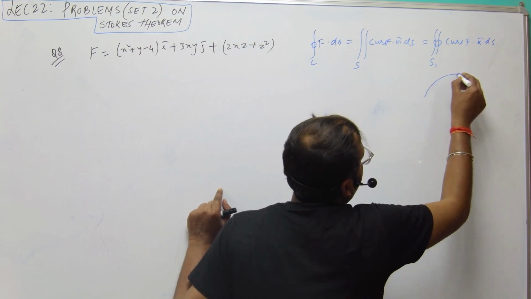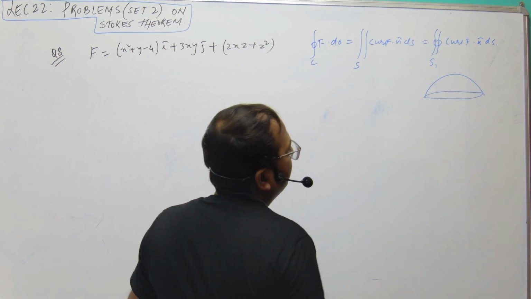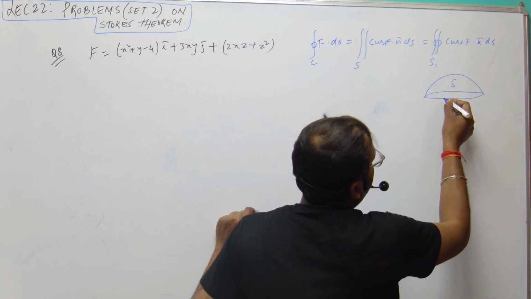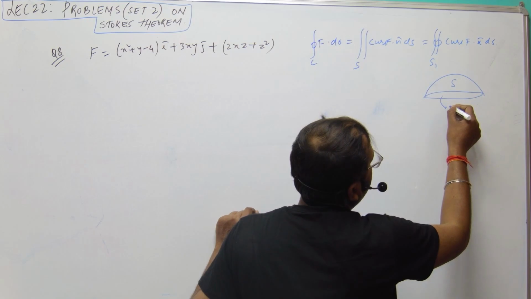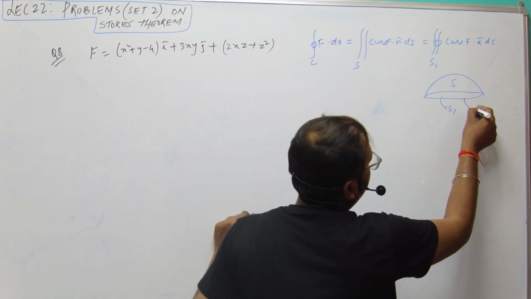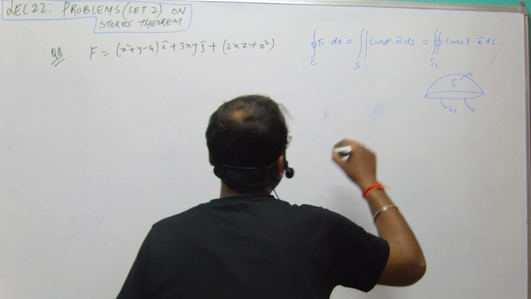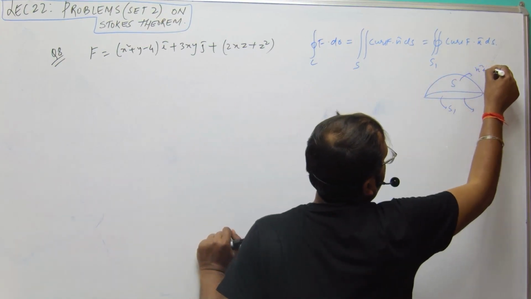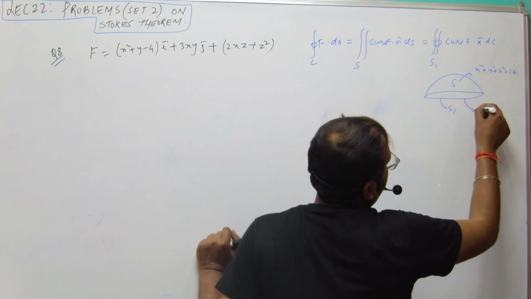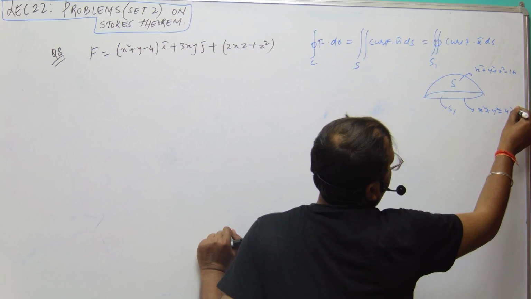Okay, so this is our surface, which is open from the bottom. This is surface S, and the bottommost surface is S1, and S1 is a circle. The equation of the sphere is x square plus y square plus z square is equal to 16, and the equation of the circle is x square plus y square is equal to 4 square.